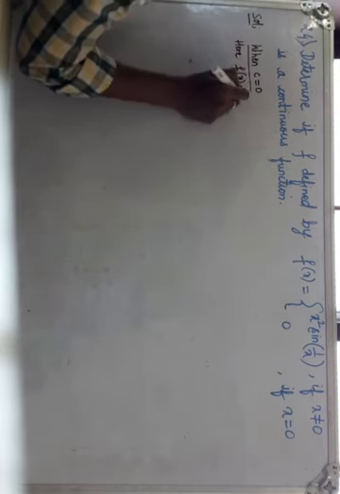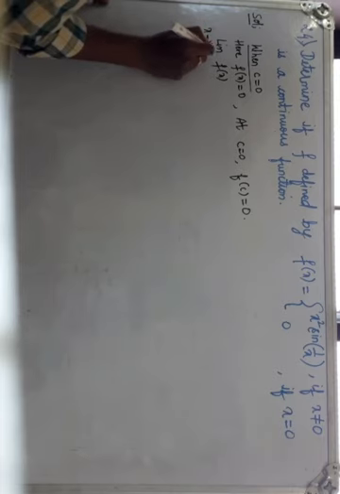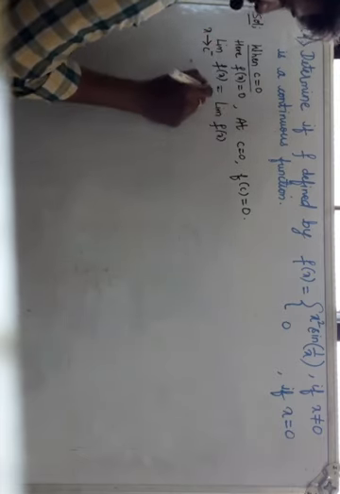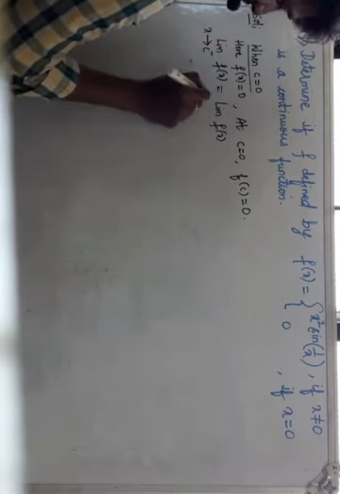So the limit of the function f of x as x tends to c minus, with c equal to 0, that is x tends to 0 minus.